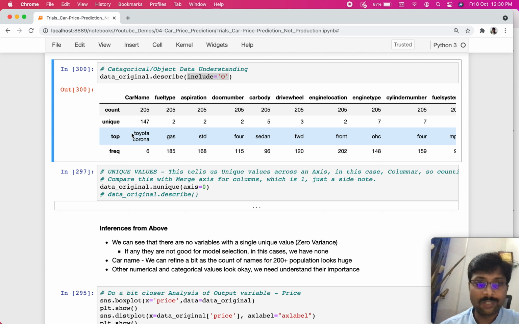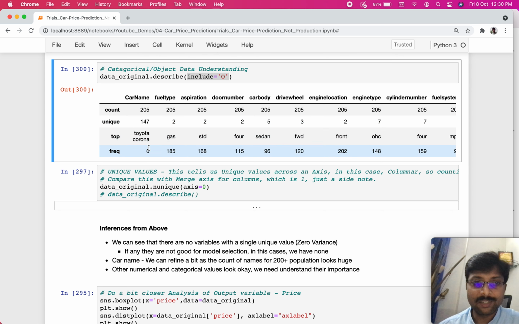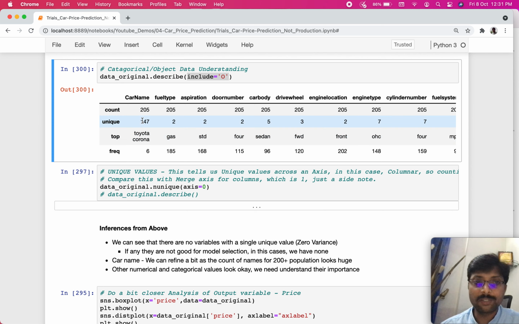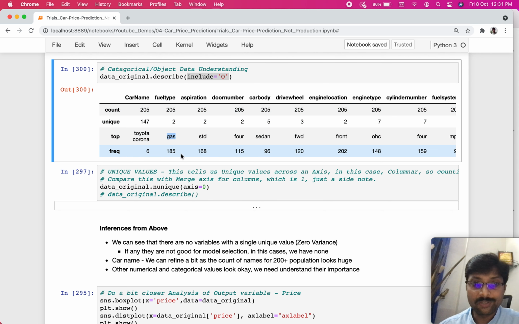For example, Toyota Corona is the most repeated car name, with a frequency of 6, so in 205 data samples, Toyota Corona appears 6 times. Now you understand how many car names there are in the first place: almost 147 values. Fuel type has 2 values, and gas is the highest frequency value at 185, which means almost 80%.